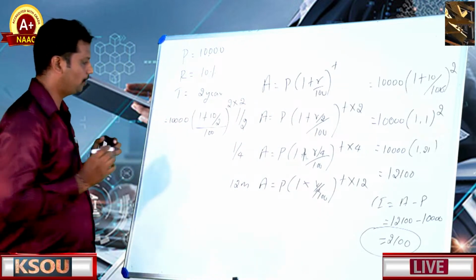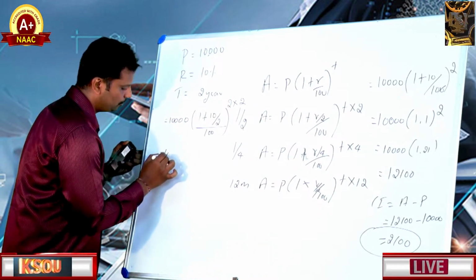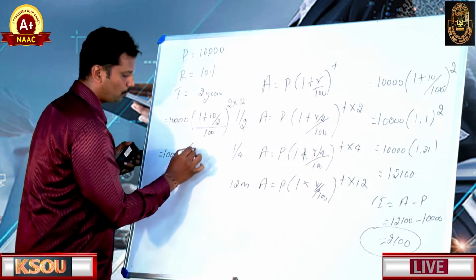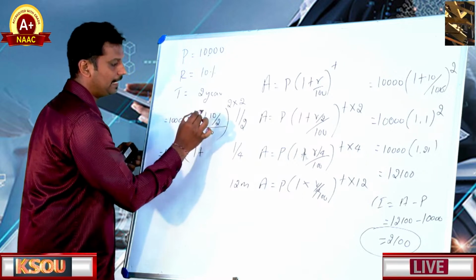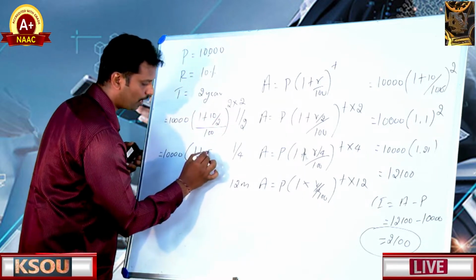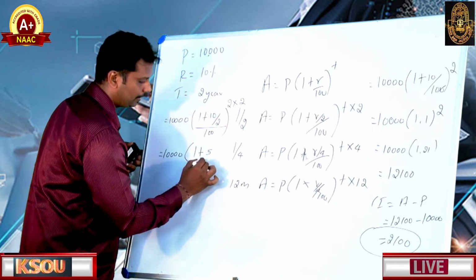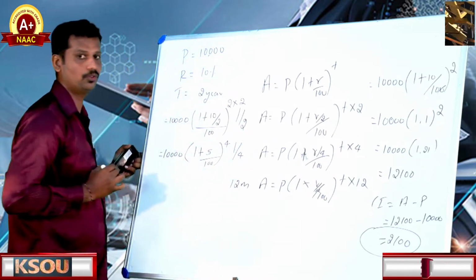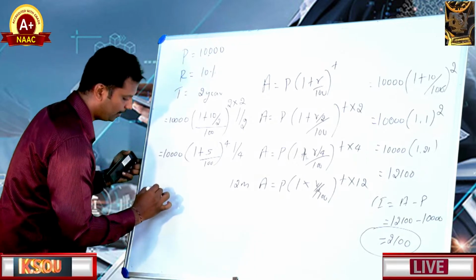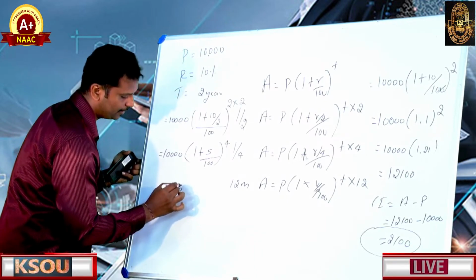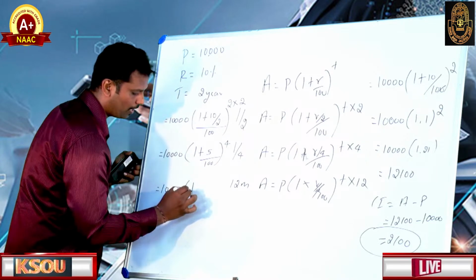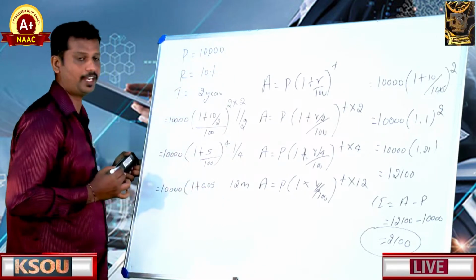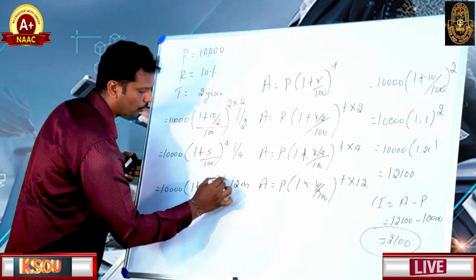Clear now? So we can solve: P into (1 plus 10 divided by 2, that is 5, divided by 100) whole to the power of 4. Now P into (1 plus 0.05) whole to the power of 4.